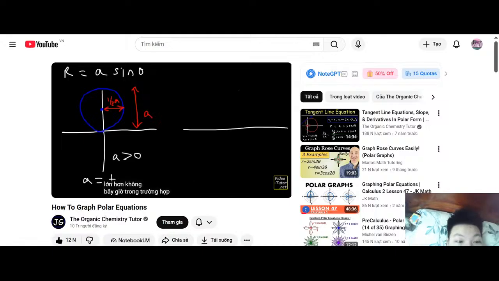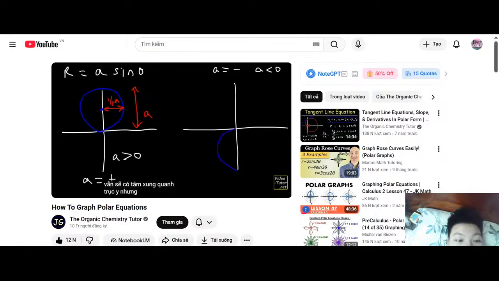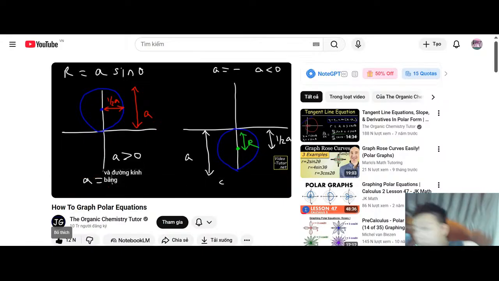Now in the other case, if A is negative, or if A is less than 0, the circle is still going to be centered around the y-axis, but it's going to open in a negative y direction. So it's going to be below the x-axis. And so the radius, as you mentioned before, is just 1/2 of A. And the diameter is equal to A.